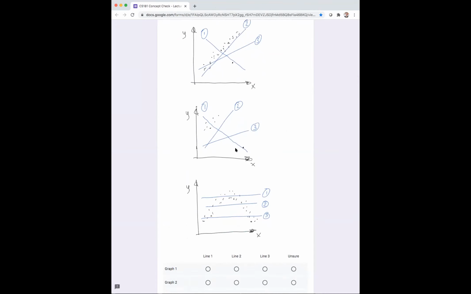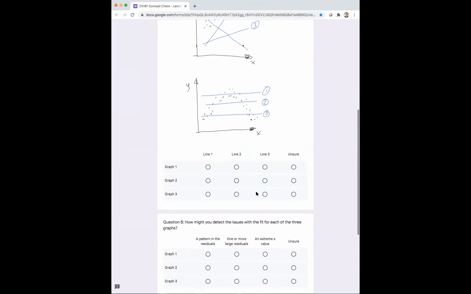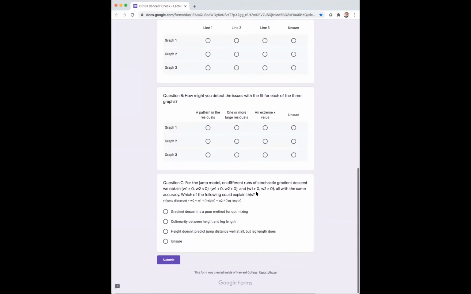There are 3 lines for each one, and we ask you which line is the best fit from a least squares viewpoint. Question 2 is asking you how you might detect issues with the fit. Is it that there's a pattern in the residuals, that there are one or more large residuals, or that there's an extreme x value? You may be unsure.